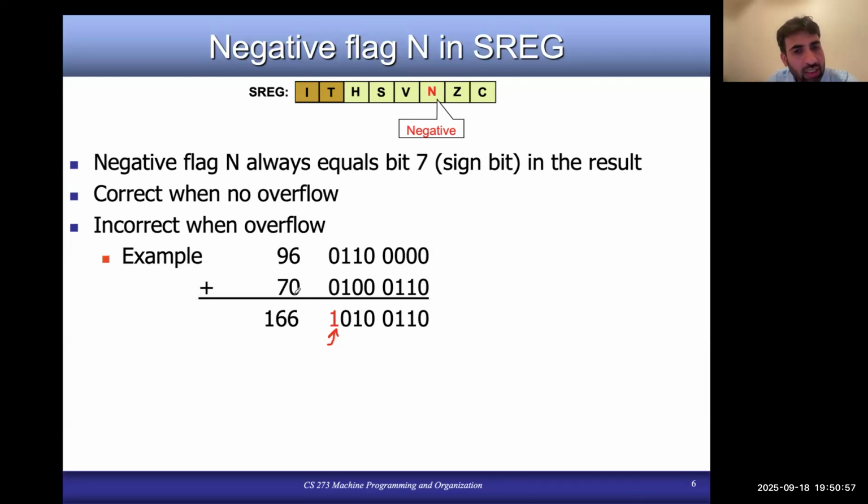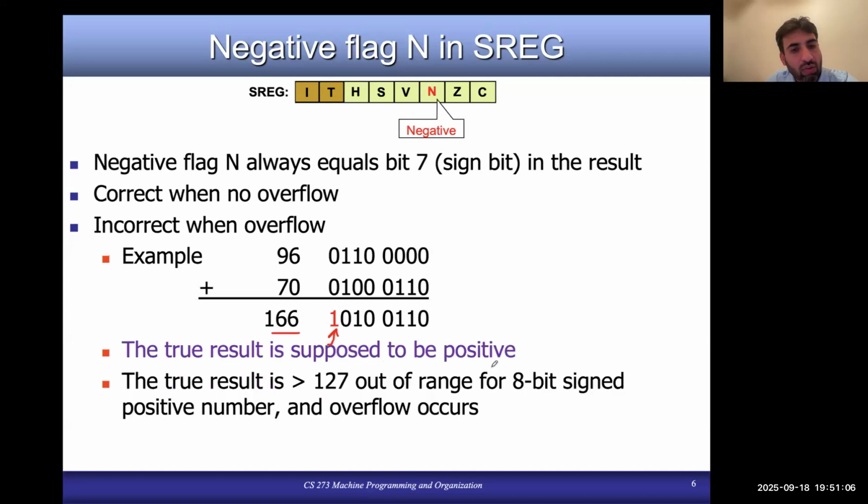But we are adding 96 and 70, so the result is 166. The result is supposed to be positive, but our n flag is telling us that the result is negative. Why is it giving us the wrong information? Because overflow has happened. How do we know overflow has happened?